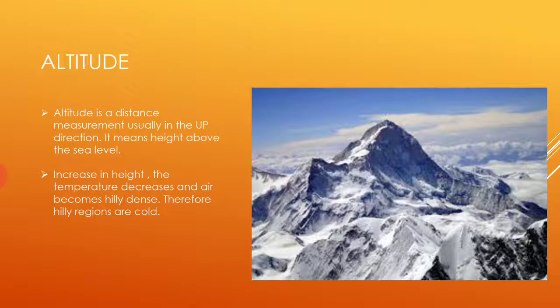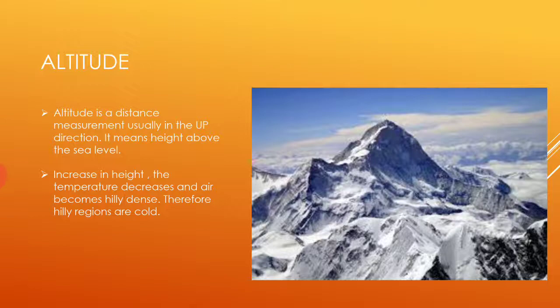Now, altitude. India has mountains in the north with average height of 6,000 meters and coastline of about 30 meters. The Himalayas act as a barrier to winds entering India from Central Asia. That is why it experiences mild winter as compared to Central Asia.